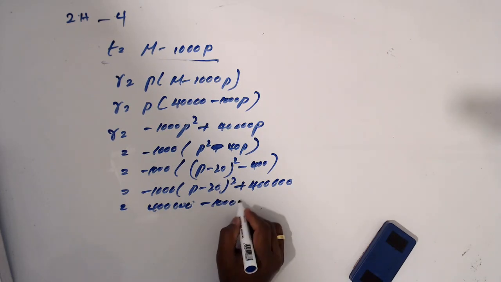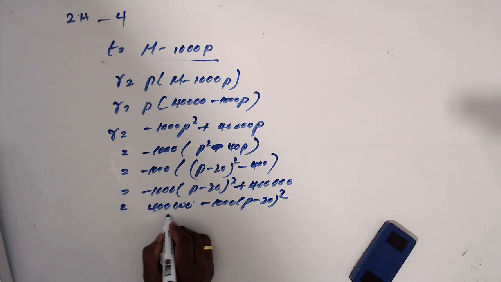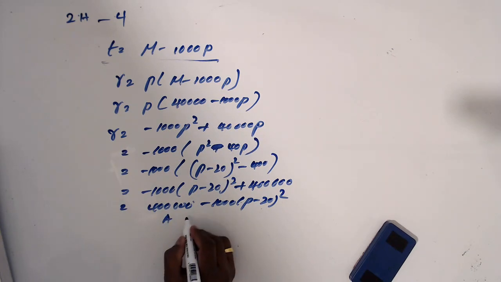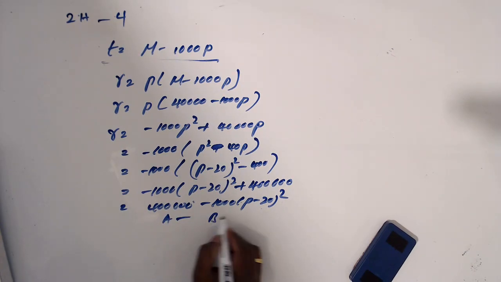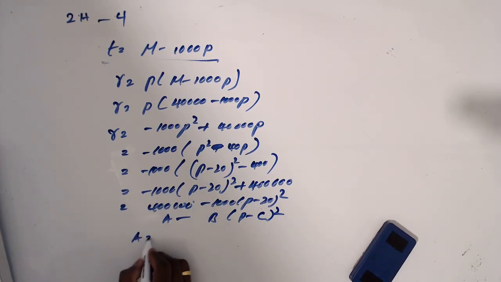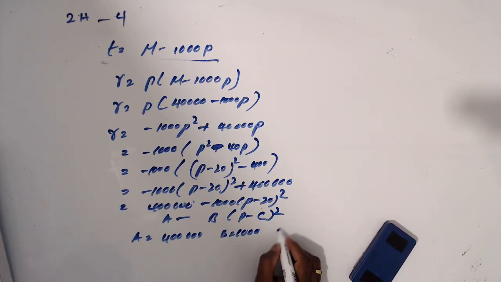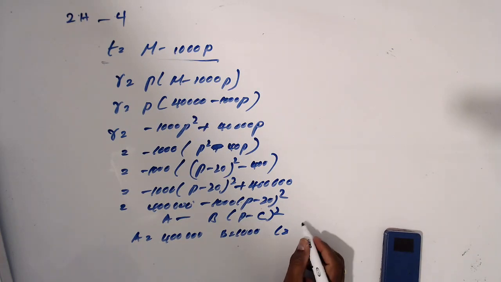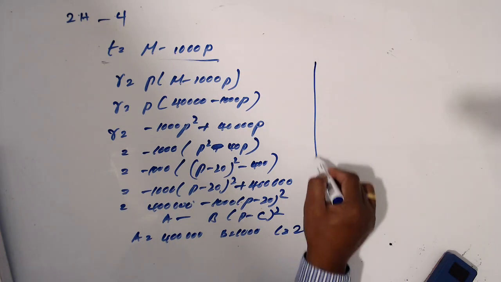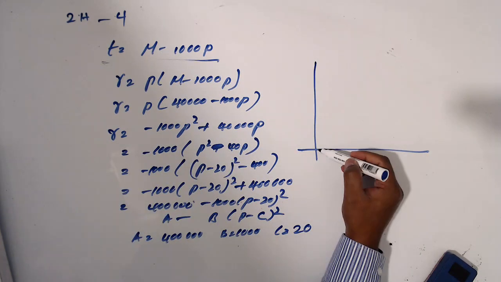So this is going to be in the form a minus b(p minus c) squared, where a is 400,000, b is 1,000, and c is 20. And when P equals 0, R equals 0.